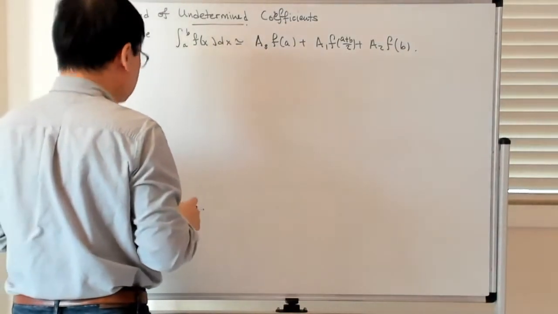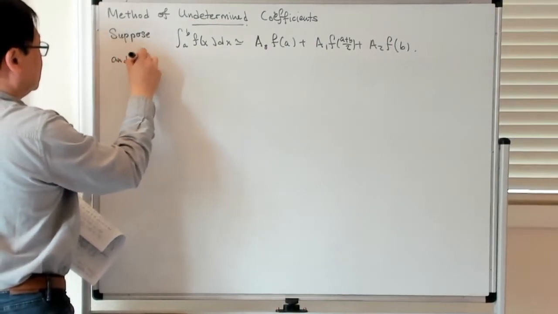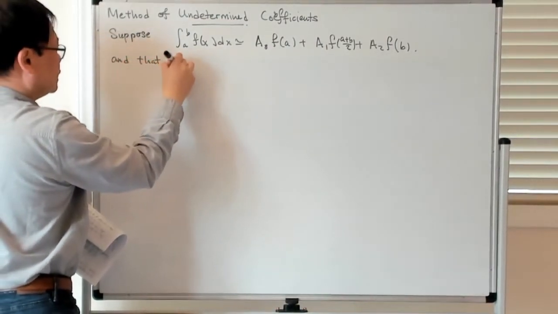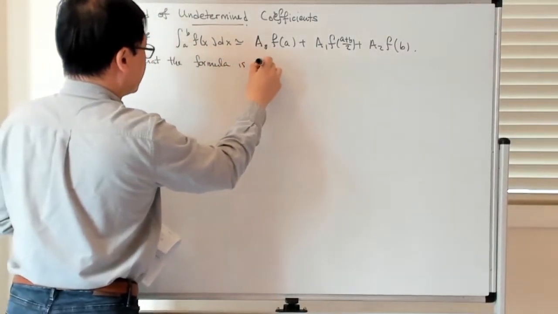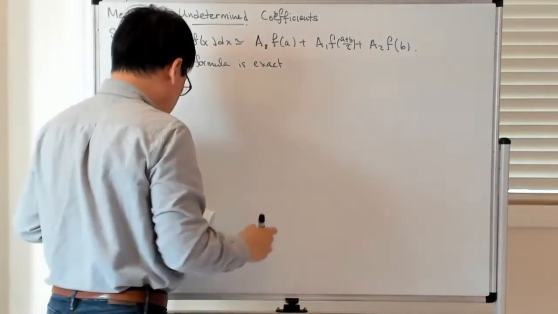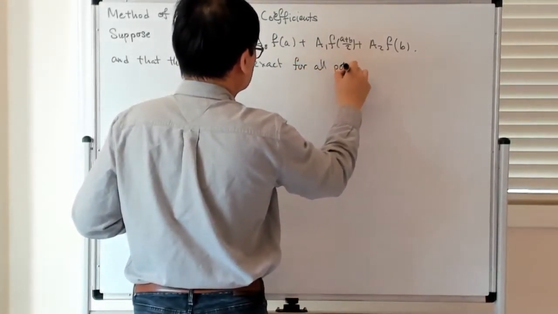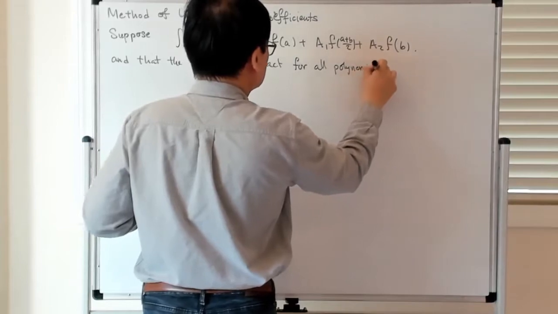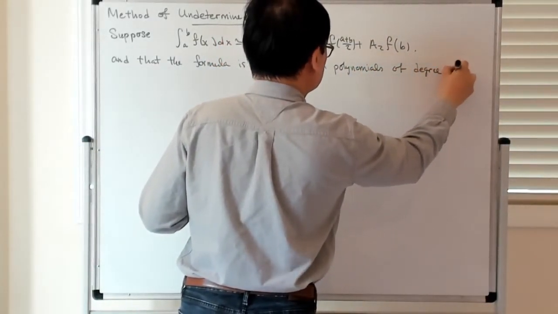Okay, and further suppose that the formula is exact for all polynomials of degree less than or equal to 2.